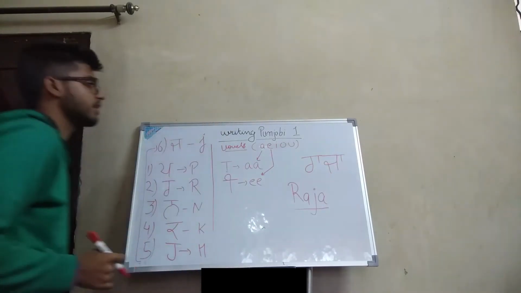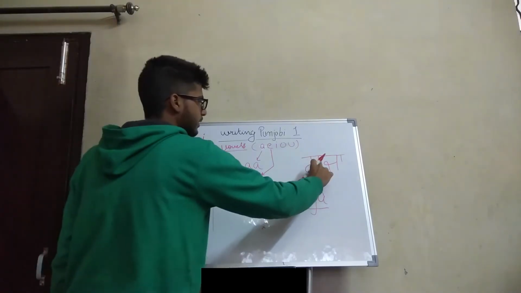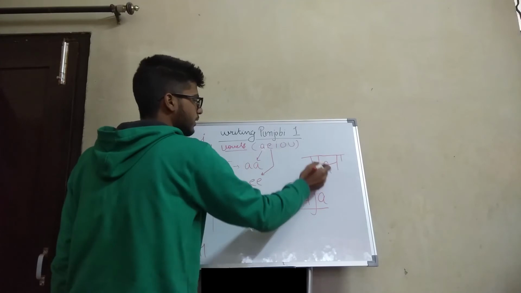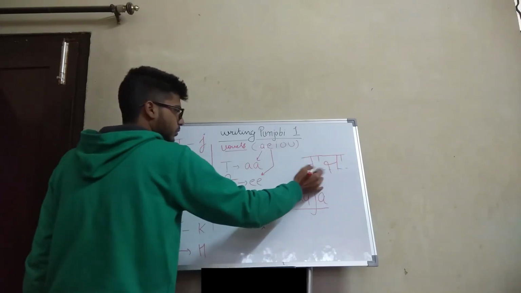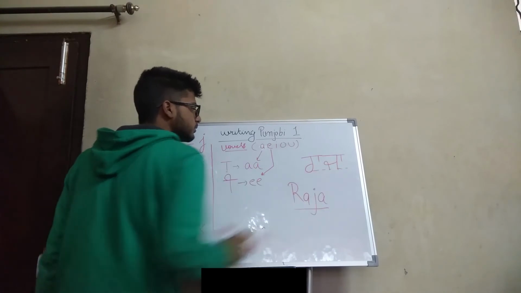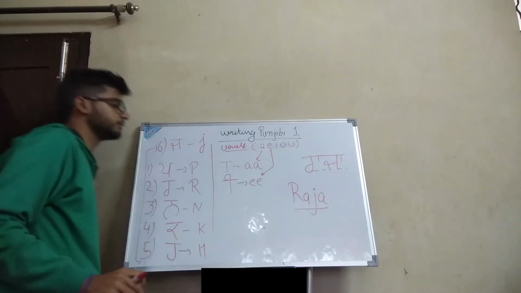This is how we write Raja. Just keep in mind, you don't need to touch this kanna to this line. The height of kanna must be half of all other letters.